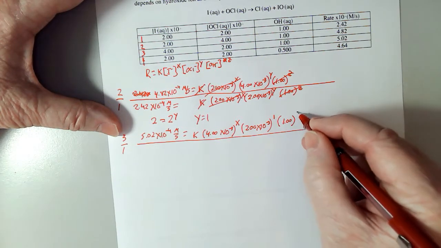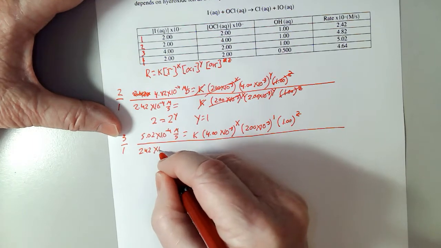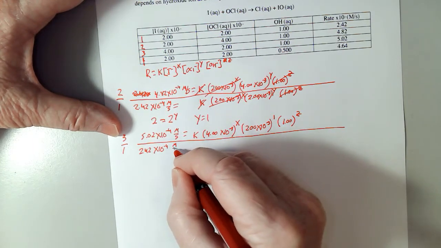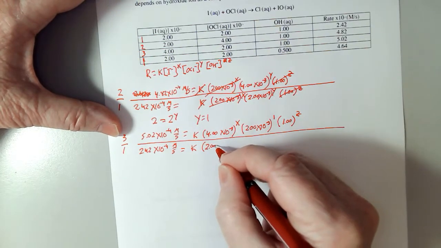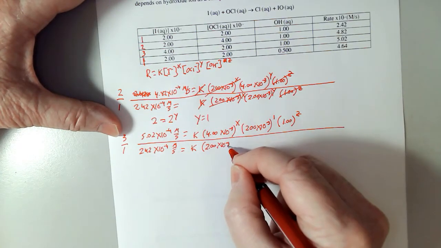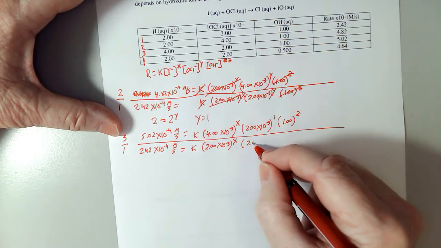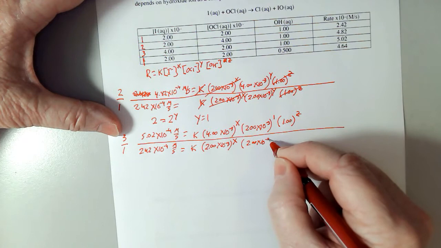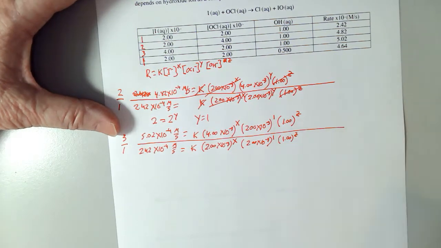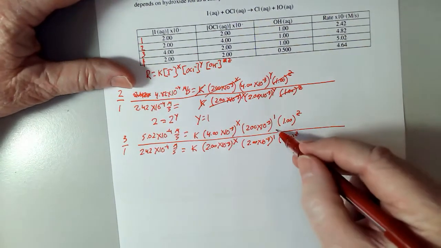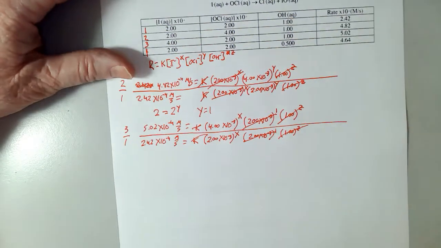And 1.00 raised to the Z over 2.42 times 10 to the negative 4th molar per second equals K times 2.00 times 10 to the negative 3rd raised to the X times 2.00 times 10 to the negative 3rd raised to the first, 1.00 raised to the Z. Now, I can immediately cancel out those and the K's.